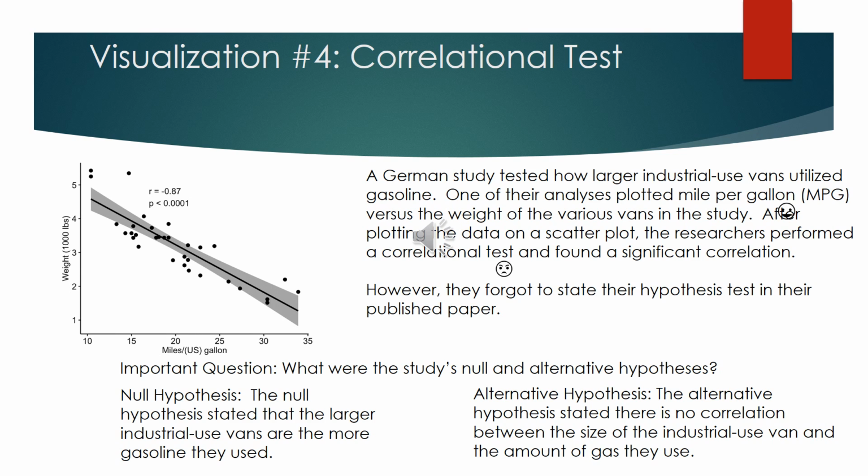The alternative hypothesis stated there is no correlation between the size of the industrial use vans and the amount of gas they use. And looking at the scatter plot points, you can see that there is a correlation between the size of the vans and the amount of gas, or the efficiency and the amount of gas that they use.